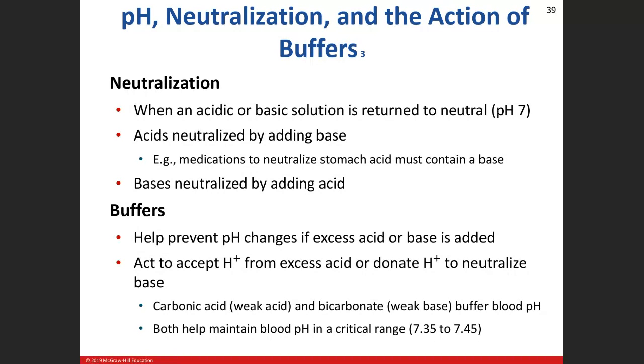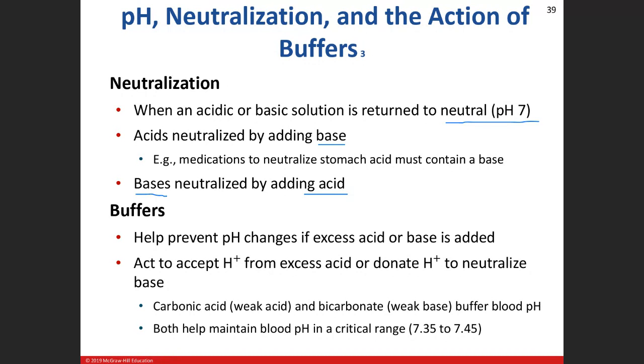And what we need to do is get that solution back to the neutral value of 7. So if a solution becomes too acidic, all we have to do is add a base to it. And vice versa. If a solution becomes too basic, then we need to add an acid to it.